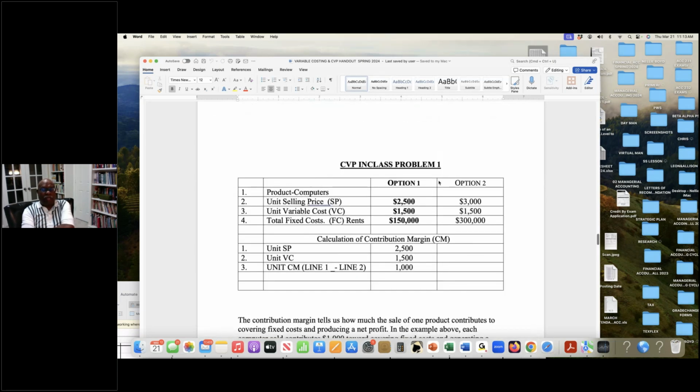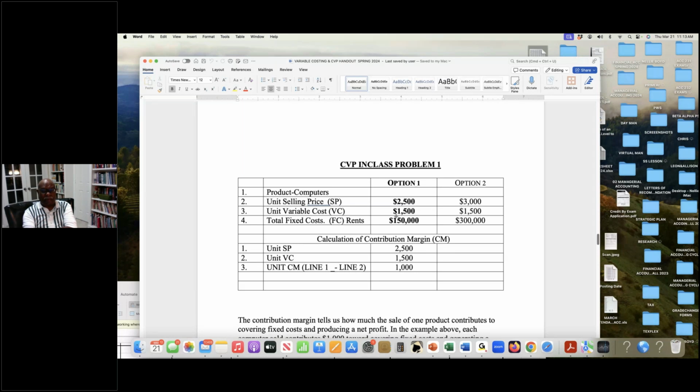We worked on option 1 where the unit selling price is 2,500 and the unit variable cost is 1,500. So the total fixed cost was 150,000.